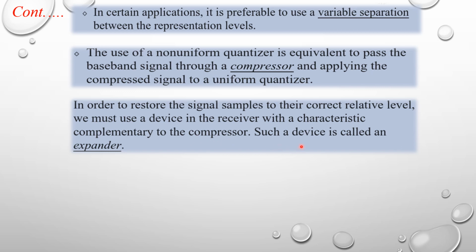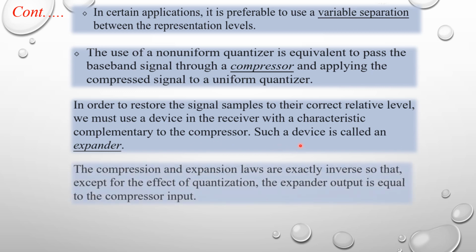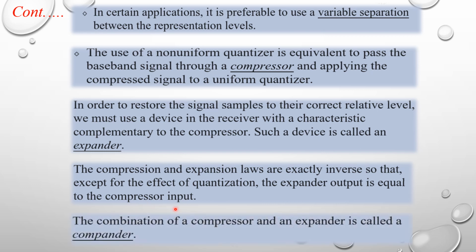Such a device is called an expander. The compression and expander laws are exactly inverse, so that except for the effect of quantization, the expander output is equal to the compressor input. The combination of the compressor and an expander is called a compander.